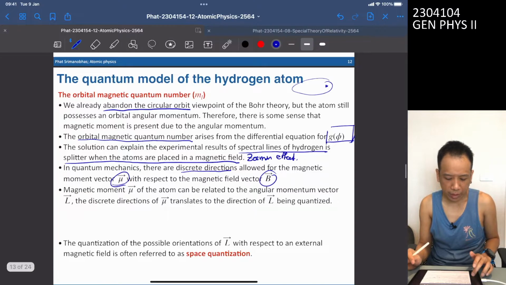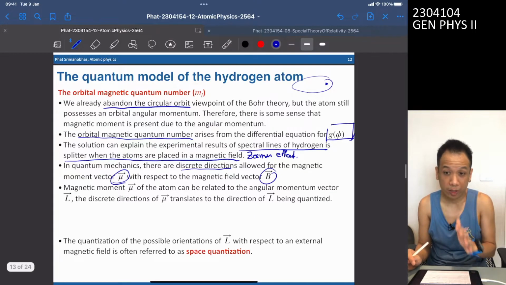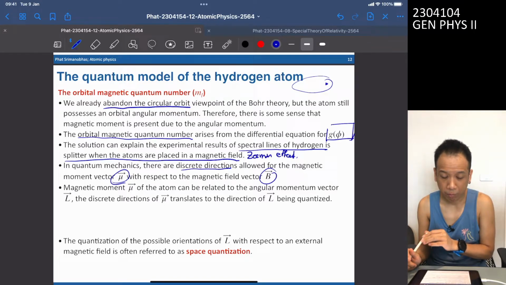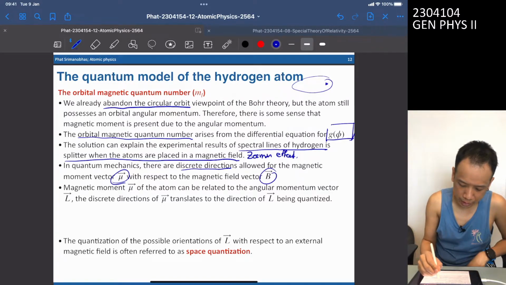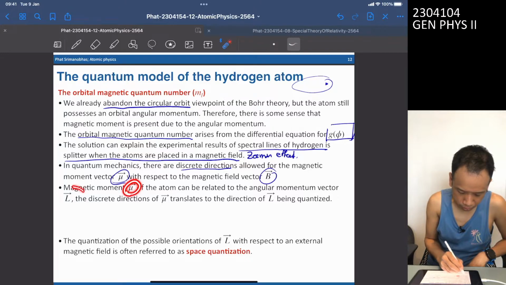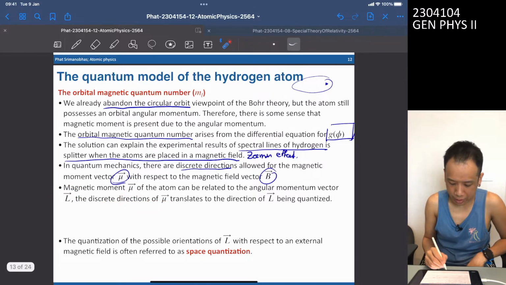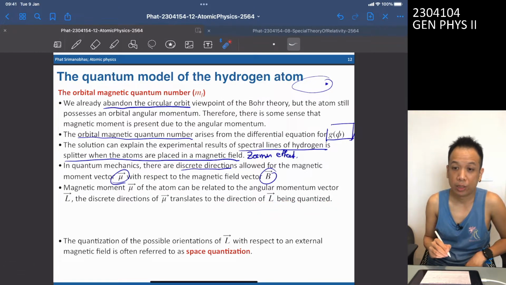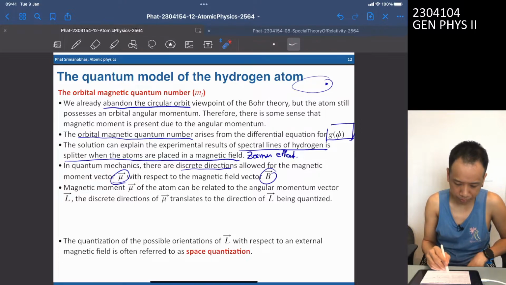But in quantum mechanics, we are talking about discrete directions of mu with respect to B. And since mu is linked to L, the discrete direction of mu translates into the direction of L being quantized.